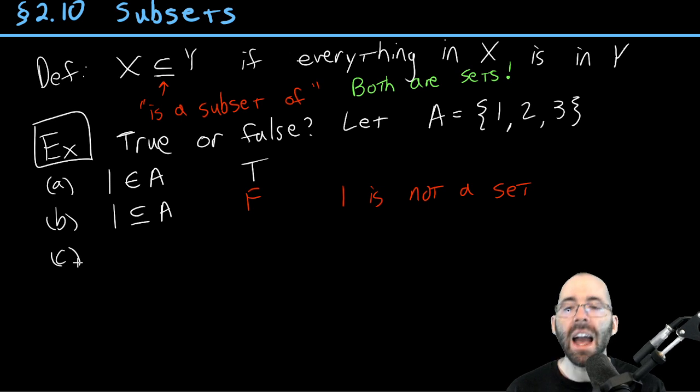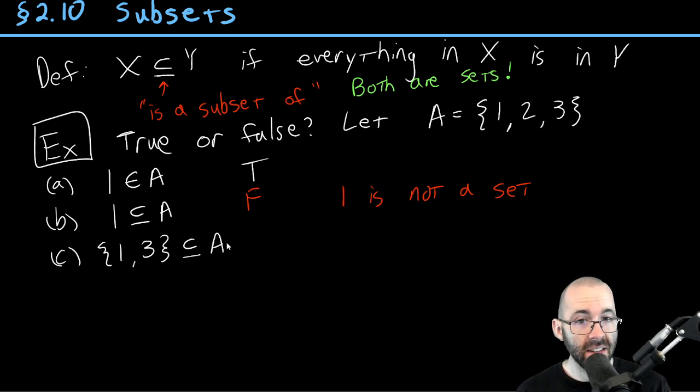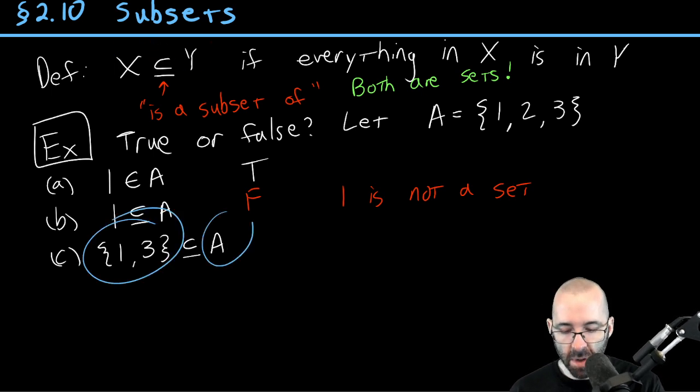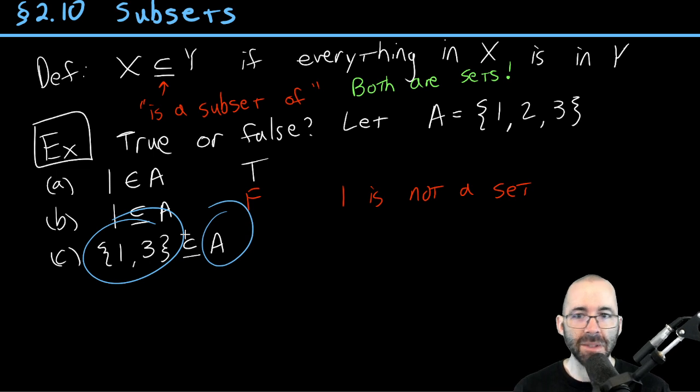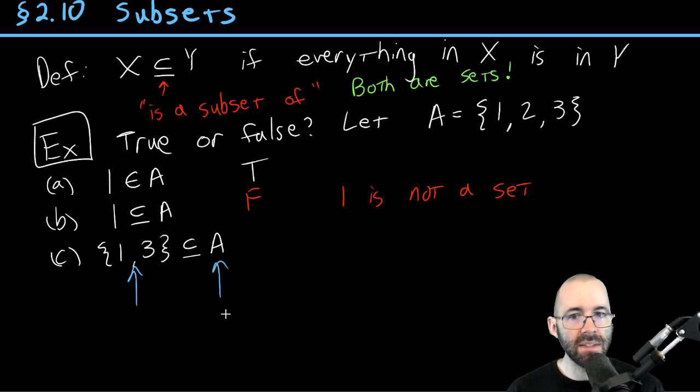So let me show you what is actually a subset. Okay, so if we look at the set containing 1 and 3, is this a subset of A? Okay, they have to both be sets. Yeah, these are both sets, so that's a good start for being a subset. And let's check the definition. Is every element in this set also in this set?